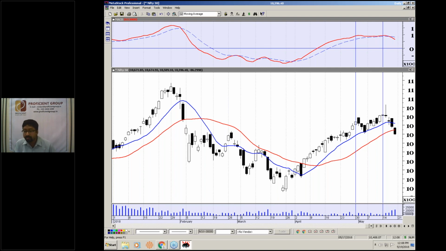The confirmation will come once prices close below the last bottom, that is the series of higher bottoms is terminated, or an important moving average crossover is broken.